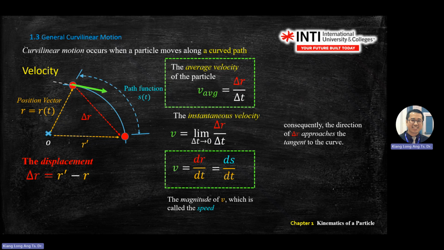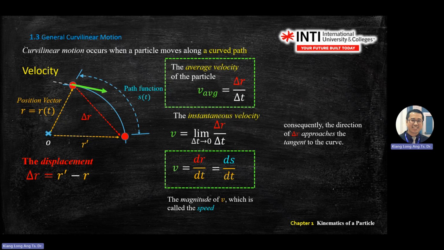You understand why delta R over dt? Because we want to transform the delta into something that we can measure, we apply the limit rules. If we change this one to d, this one also to d.